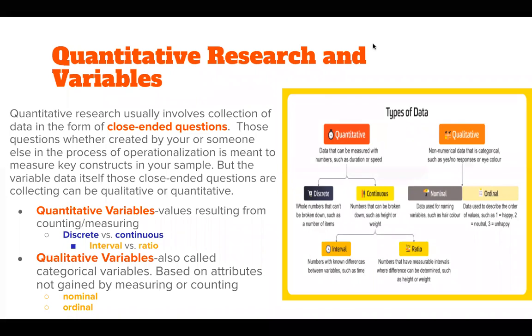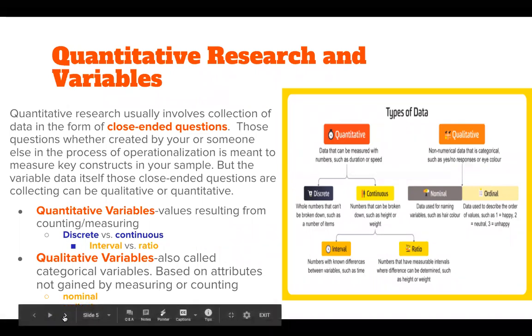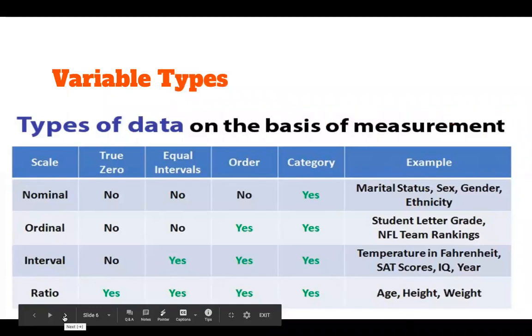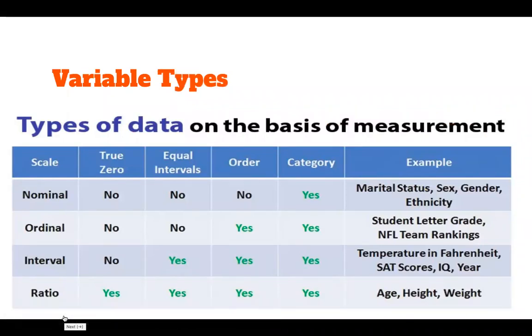Although that distinction is not very significant for this class, an interval variable does not have a true zero, while a ratio variable does. So temperature in Fahrenheit, there isn't a true zero. SAT scores, there isn't a true zero. IQ, there isn't a true zero. Year, not a true zero. While ratio, there is a true zero: age, height, weight. Like I said, for this class, that's not really necessarily significant.